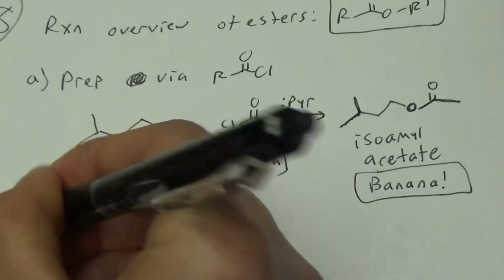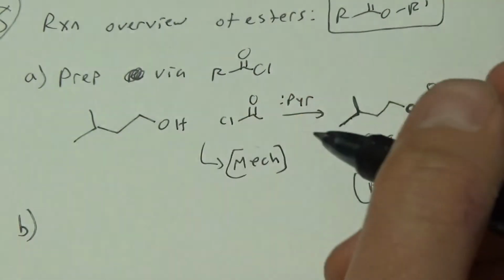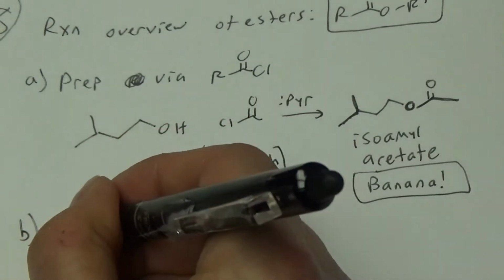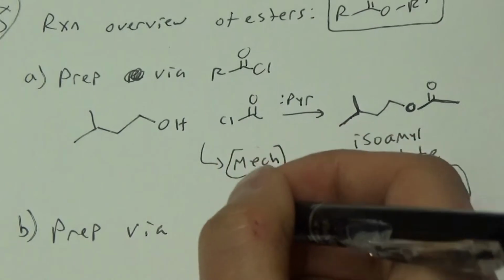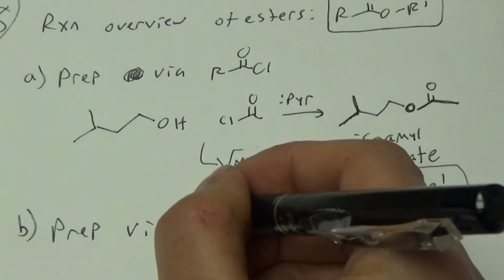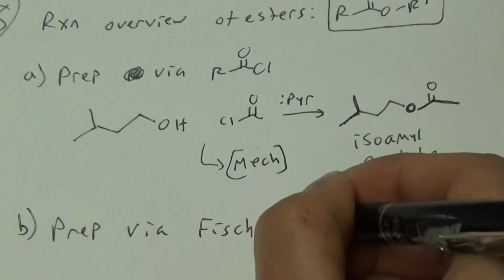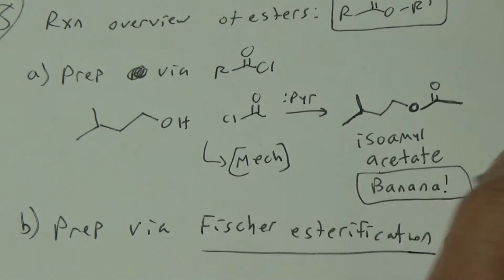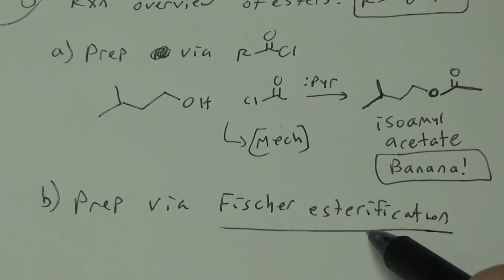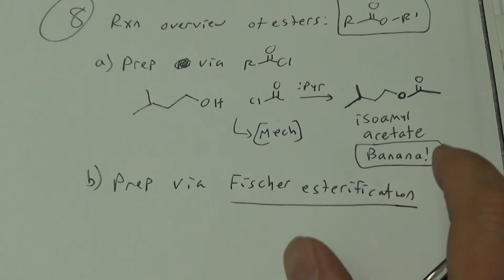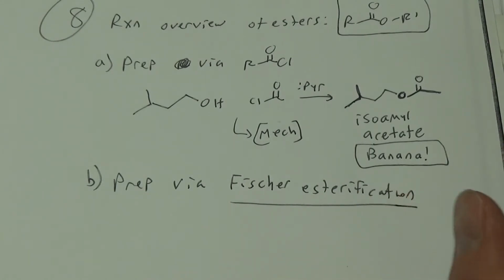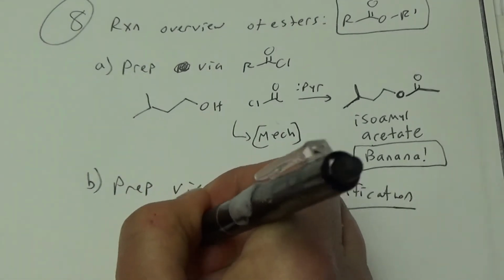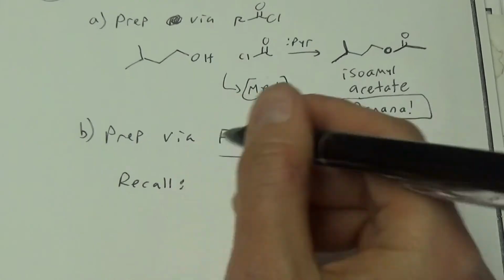What was the other way? I already mentioned it. The other way to make esters is you can prepare them via the Fischer esterification. This is that acid catalyzed NAS reaction we were talking about. Recall from our little chart, we were talking about the leaving groupability and everything.